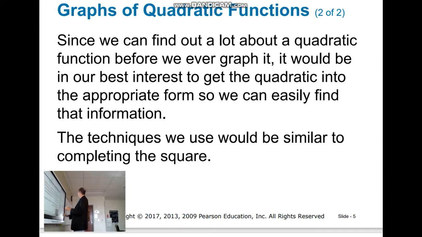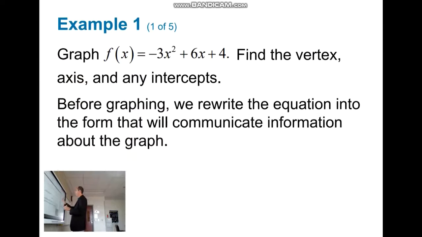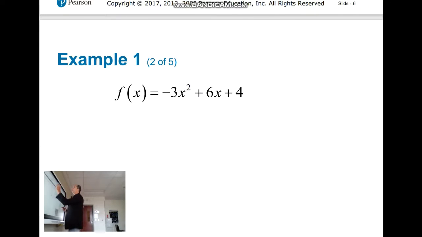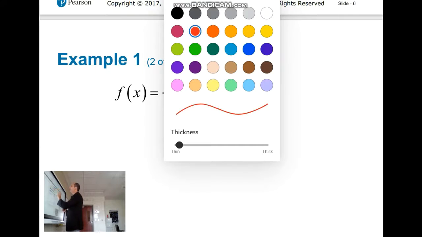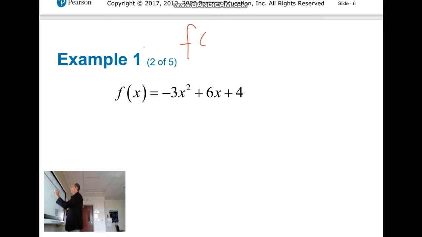Let me write it down here so you can remember. We will use this format: f of x equals a times (x minus h) squared plus k.